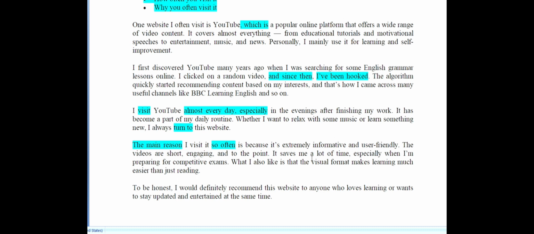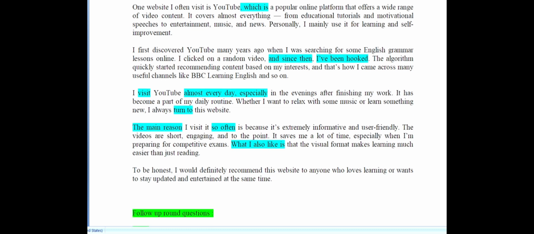Okay, now the concluding line, which is very important again. Now don't say again, thank you for giving me this question. No, not required. Okay, so the last line here is, to be honest, I would definitely recommend this website to anyone who loves learning or wants to stay updated and entertained at the same time.